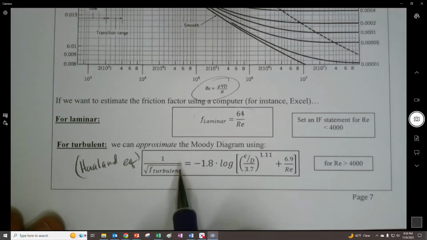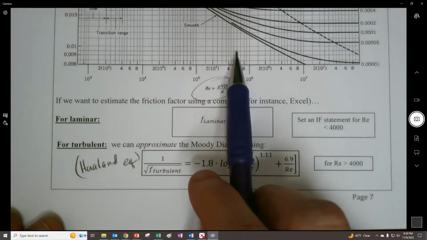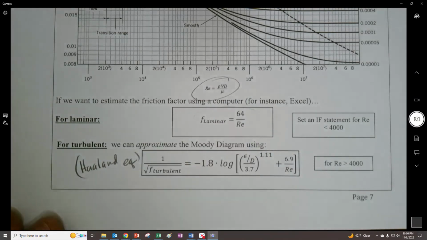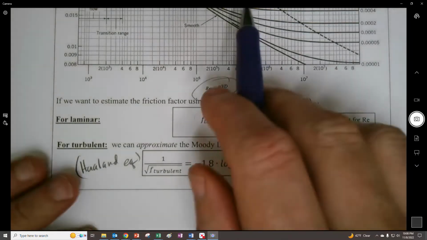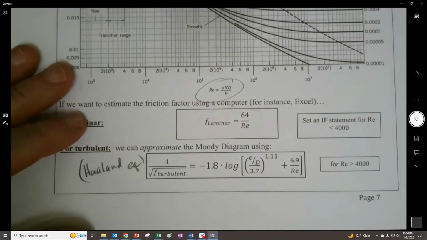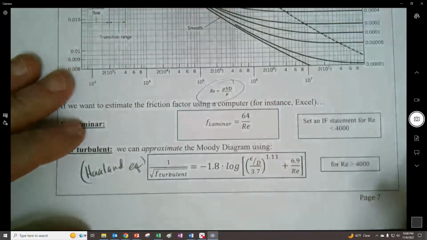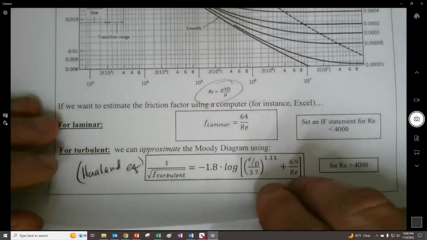You definitely get a better overall result most of the time than you do by trying to get it off of the graph. But you do need to practice getting it off the graph because you might have a final exam problem where you have to use it. So when you practice for exams, use the Moody diagram.